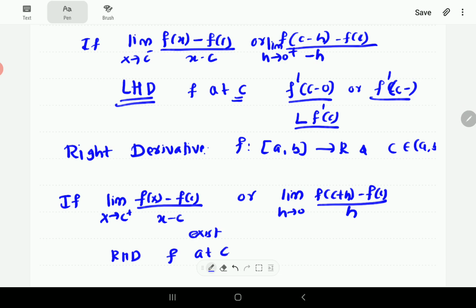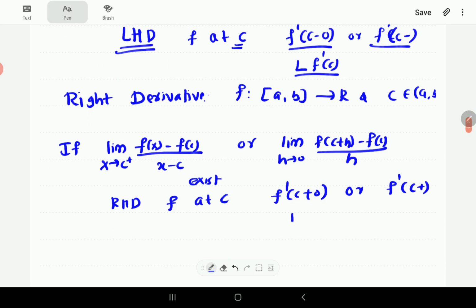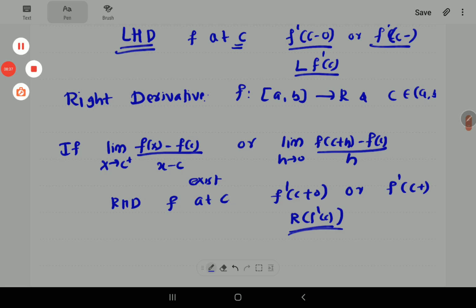Here also we usually denote it by f dash of c plus 0, or f dash of c plus, or R f dash of c, or R prime of c. So this is how we denote our right hand derivative.